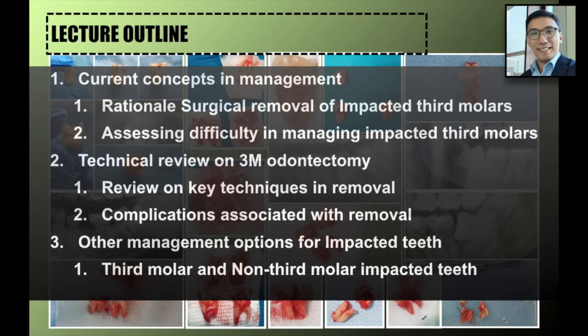To achieve this objective, evidences from reference texts that include textbook of oral and maxillofacial surgery as well as the contemporary oral maxillofacial surgery, together with other known textbooks on OMS, third molar, and impacted tooth management textbooks are used together with published papers.